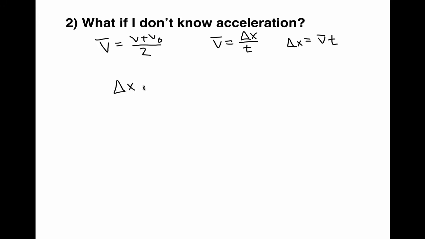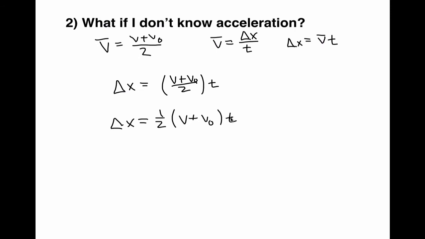If I do that, I'll get something that looks like this. And sometimes I like to pull out this half, and if I pull out that 1/2, I'll get delta x, my displacement, is equal to 1/2 v plus v naught times time.